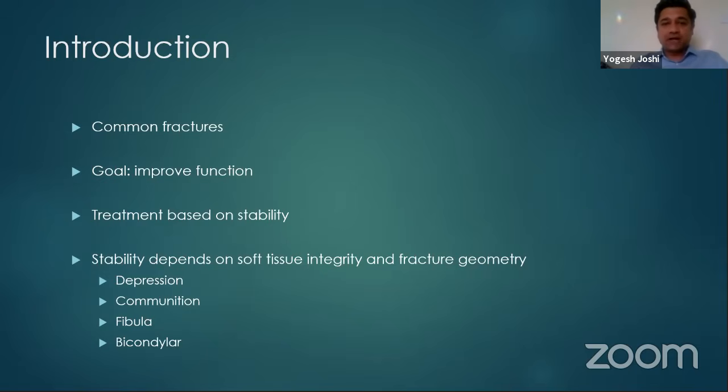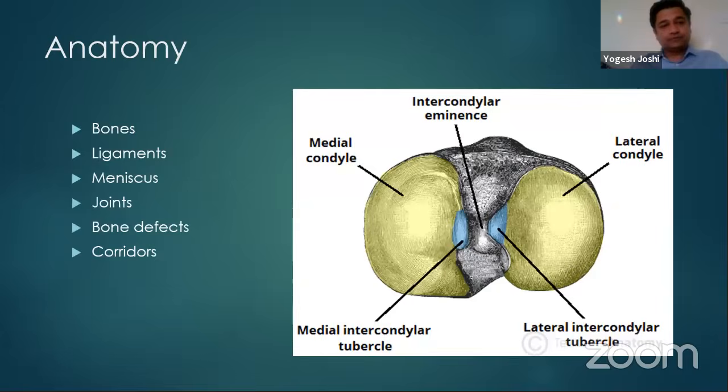Apart from the fracture configuration and geometry, you also have to look at the patient factors. If it's a very elderly patient with limited mobility, then non-operative treatment can be offered for these kinds of injuries.